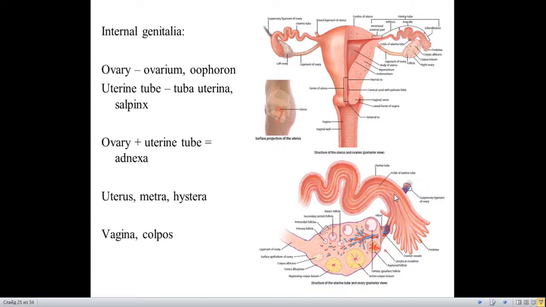So the cilia move towards the cavity of the uterus and they push the oocyte towards the cavity of the uterus. One more factor helping in this process is the presence of a muscular tunic in the uterine tube, which has 2 layers, longitudinal and circular, and contraction of this layer also helps the oocyte to move through the uterine tube.